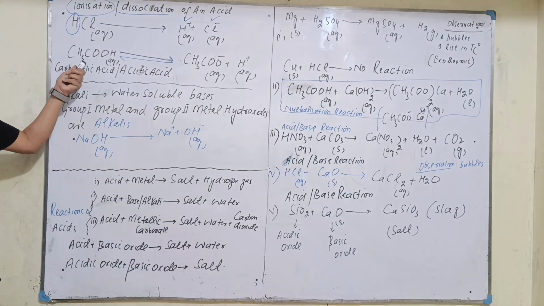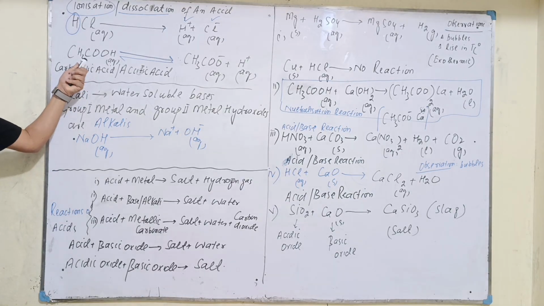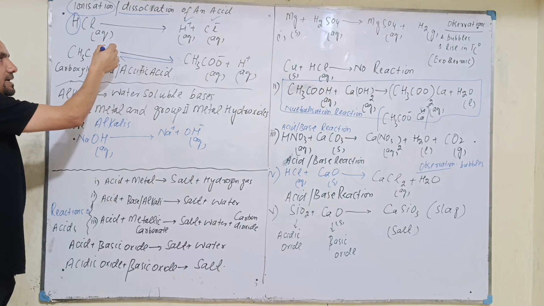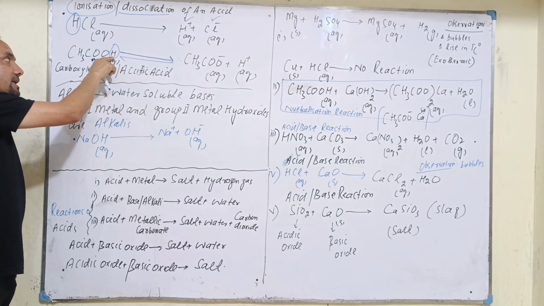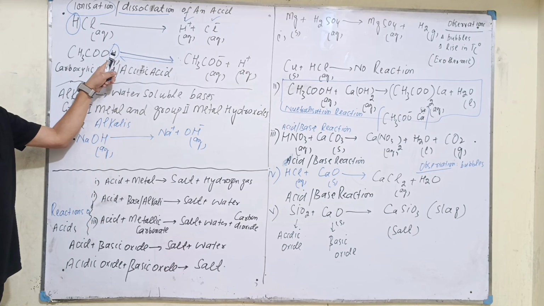Now we are using an organic acid, or you can say carboxylic acid. This is acetic acid. When we are talking about organic acid or carboxylic acid, it will dissociate the last hydrogen. It will donate this hydrogen.